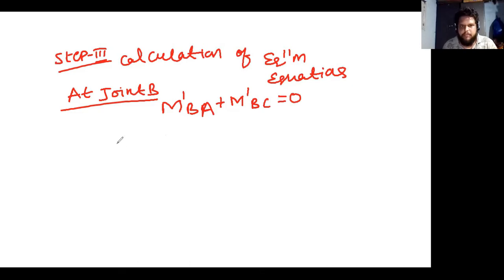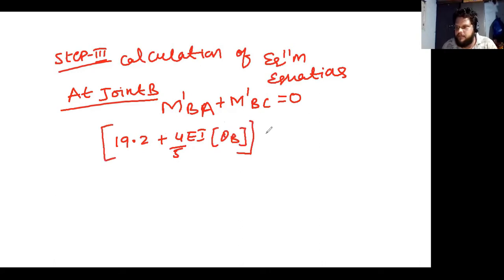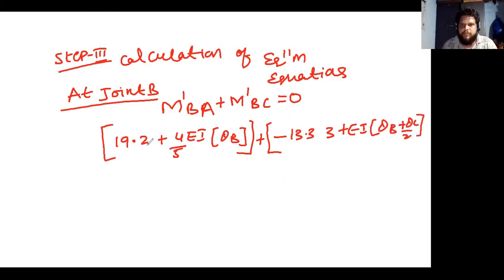M dash BA is nothing but 19.2 plus 4 by 5 EI into theta B. This is just M dash BA. Minus 13.33, so here you have to add plus 13.33 plus EI times theta B plus theta C by 2. This is with respect to M dash BC.